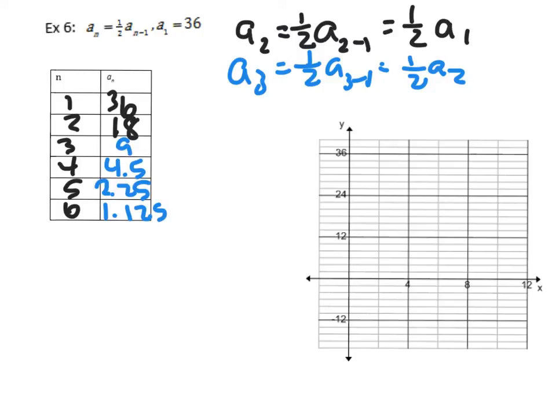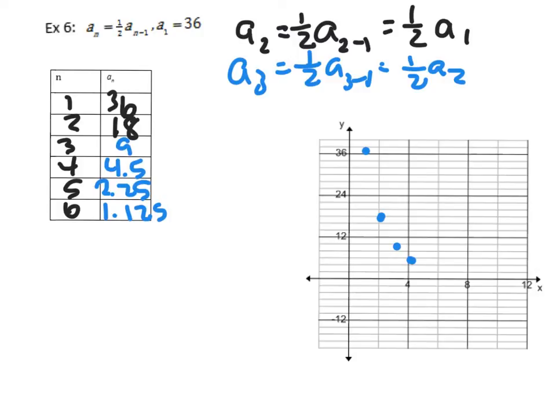So I've got 1, 36, 2, 18, 3, 9, 4, 4.5, 5, 2.25, and 6, 1.125.